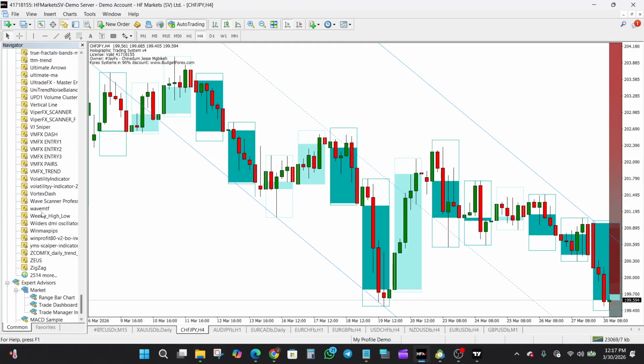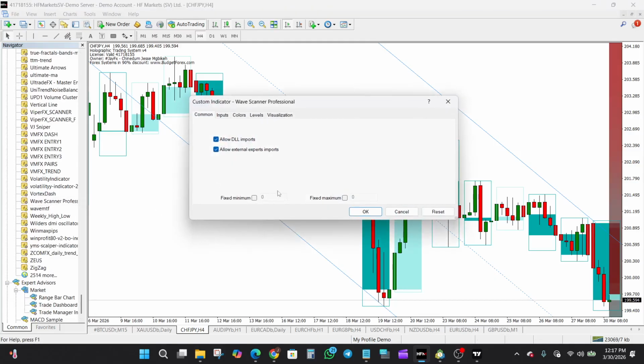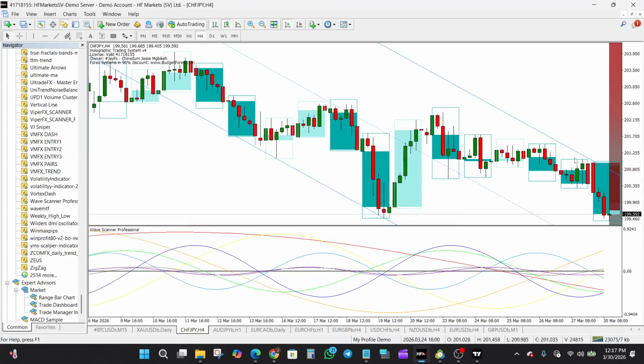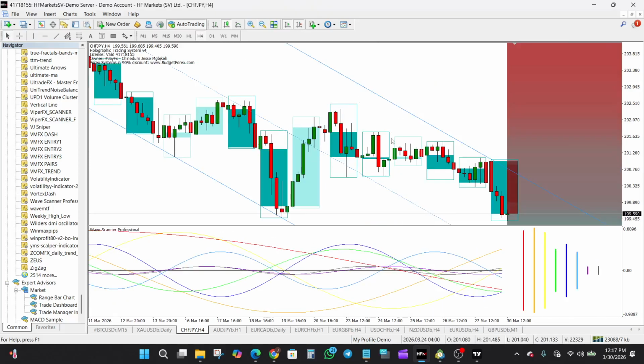All right, here we go. So this is a trading system, right? And you can see how it's a comprehensive system that combines several indicators to help us identify the prevailing momentum in the market, trend direction, and potential price direction.